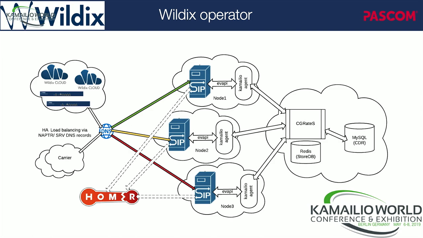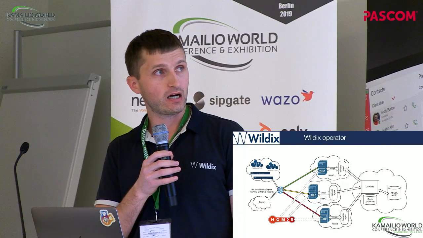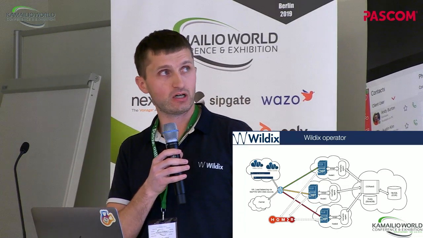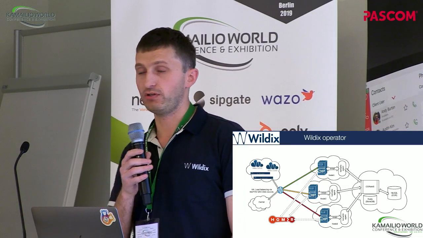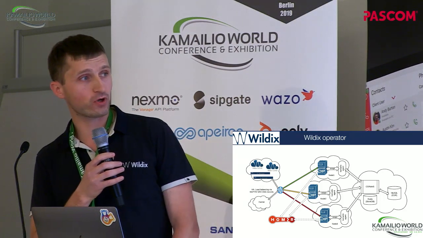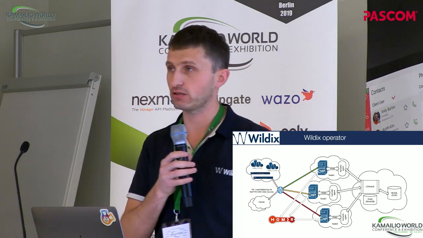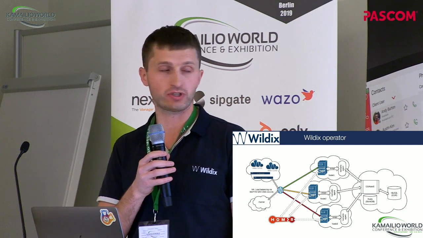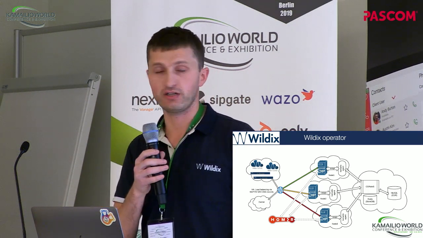All the PBXs can interact with them via NAPTR and SRV DNS records. We do not have persistent connections. For billing, we use CGRateS. CGRateS and Kamailio are connected via the evapi module. And for signaling tracking and for troubleshooting, we installed Homer.